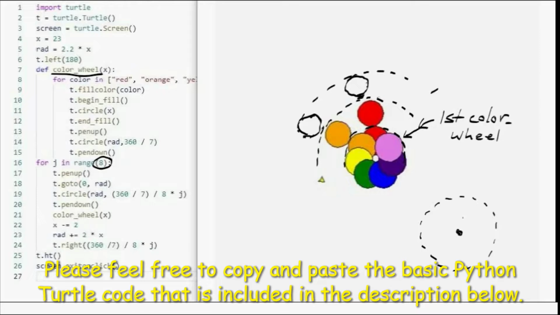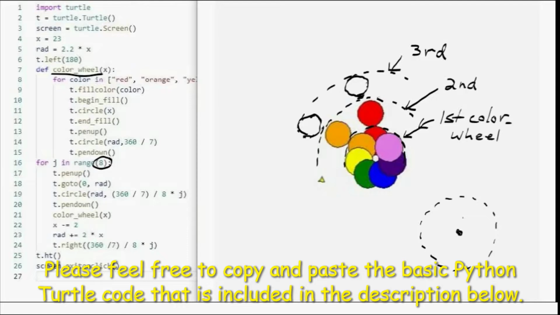This is the second color wheel. And this is the third color wheel. We still have the fourth, the fifth, the sixth, the seventh, and the eighth color wheels.